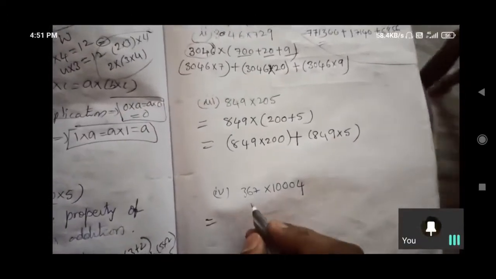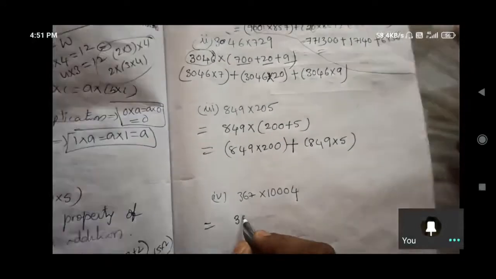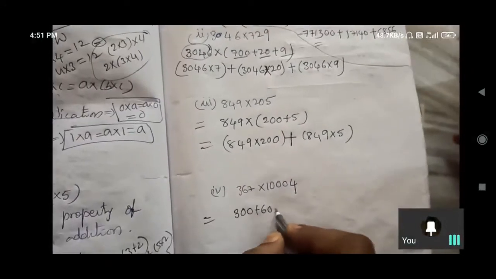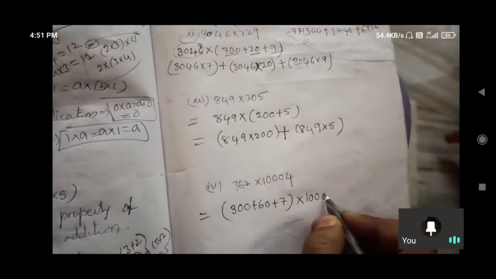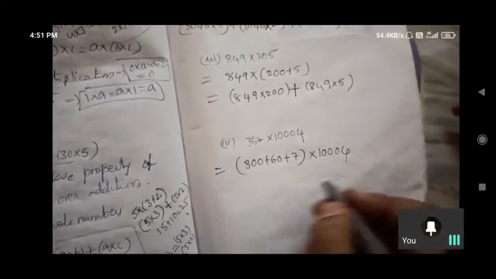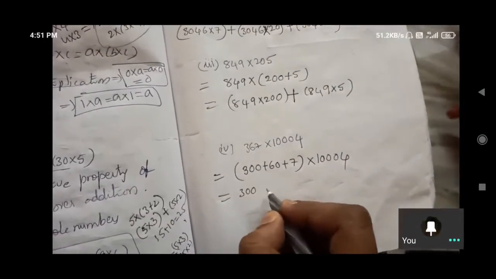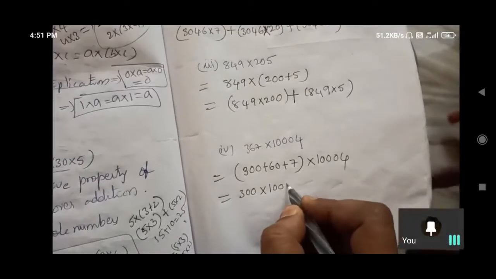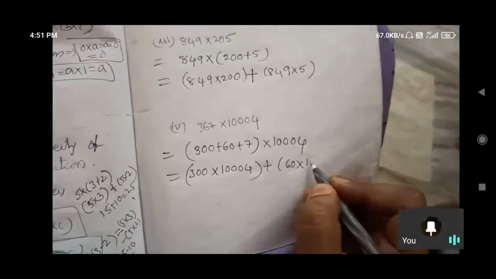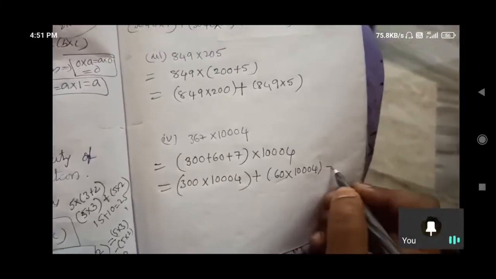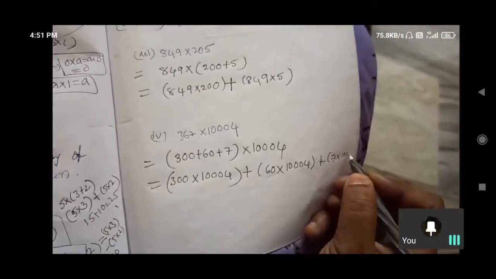Easy only na? This one also we can do: 300 plus 60 plus 7 into 10,004. So we have to do 300 into 10,004 plus 60 into 10,004 plus 7 into 10,004.